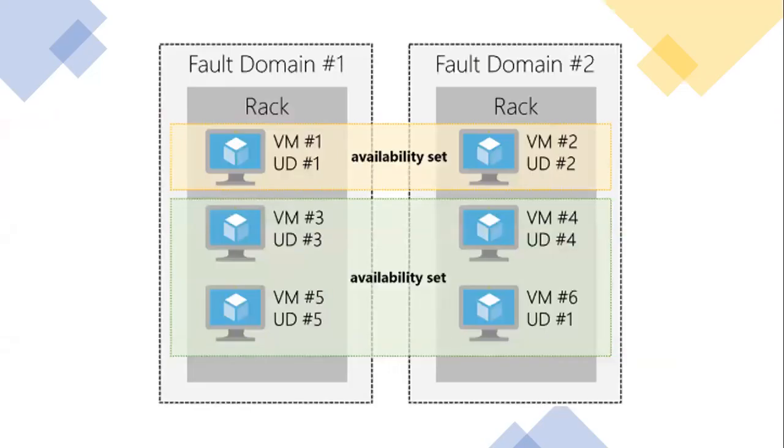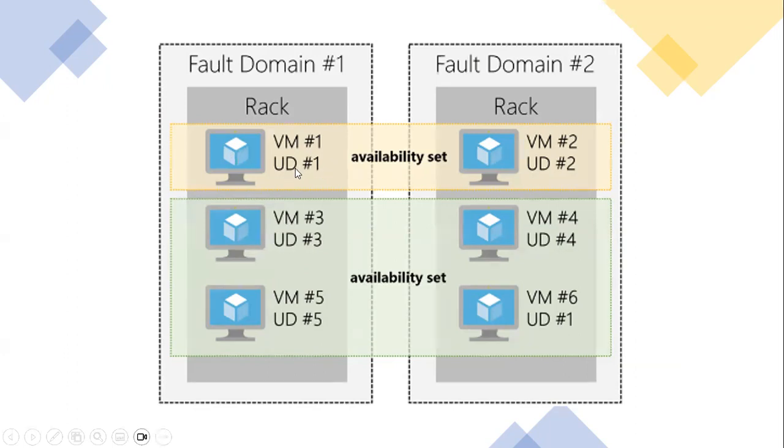Now what will happen? You can see the diagram. The machines are divided logically, and you can see here the fault domain. So what is the meaning of fault domain? And there you can see UD, that is update domain.